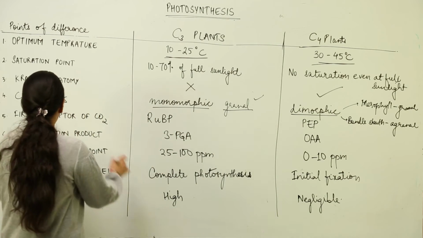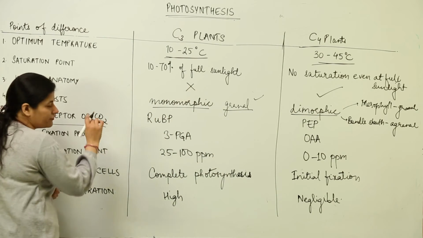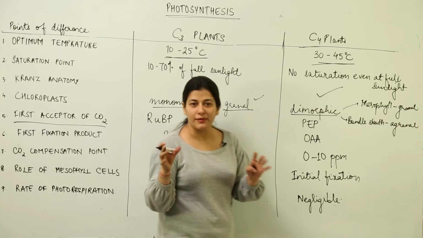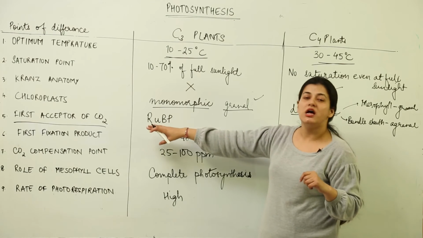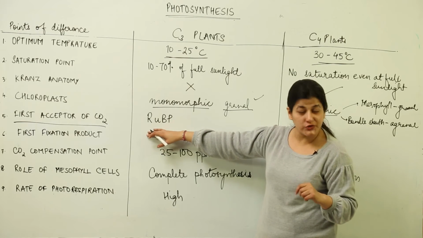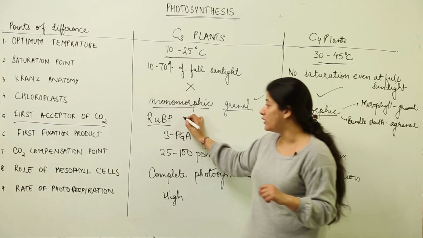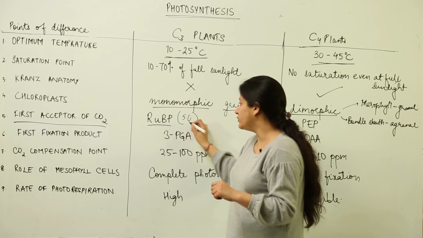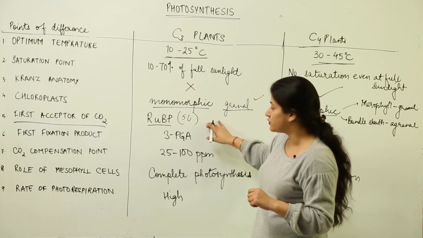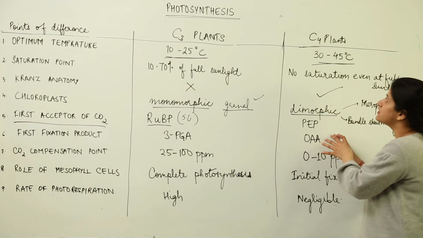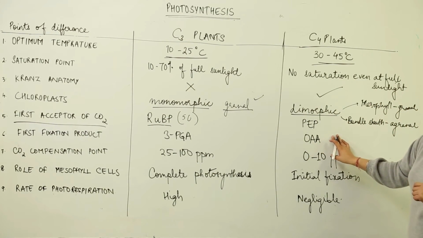Now coming to the next point, who happens to be the first acceptor of CO2 in the carbon dioxide fixation. We know that in C3 it was the ribulose 1,5-bisphosphate. That was a 5-carbon compound. The first compound that accepts the carbon dioxide, ribulose 1,5-bisphosphate, was the compound. In the case of C4 plants, it was phosphoenol pyruvate.